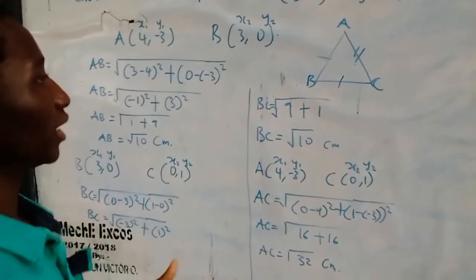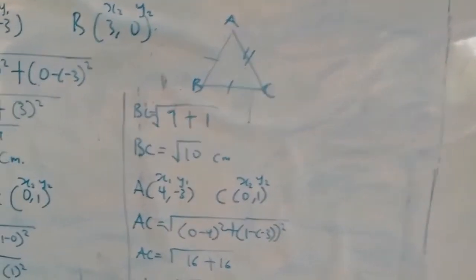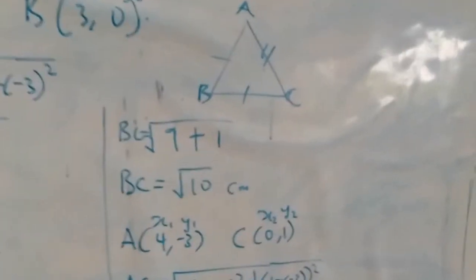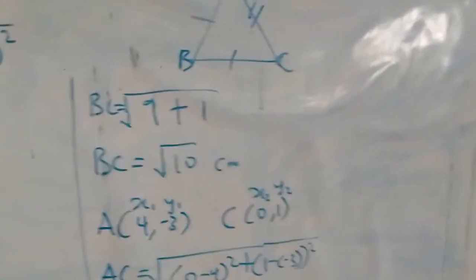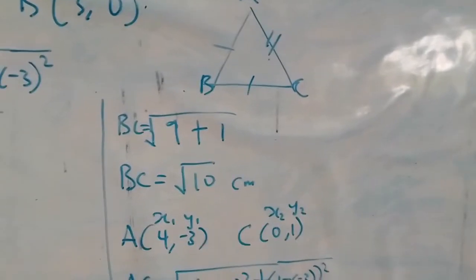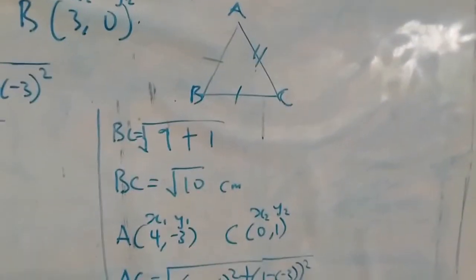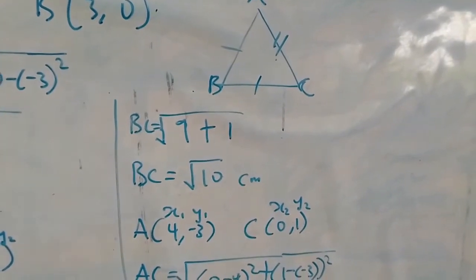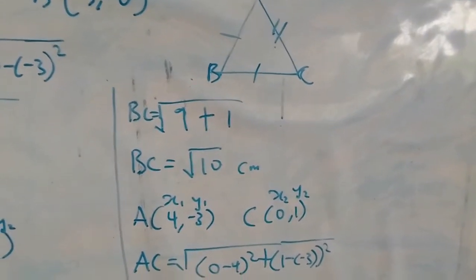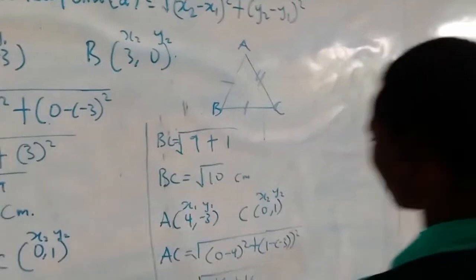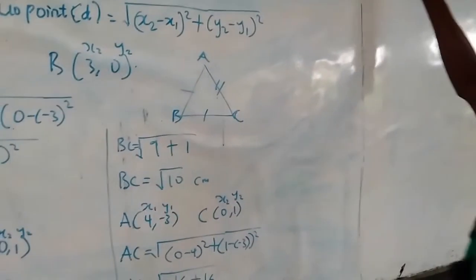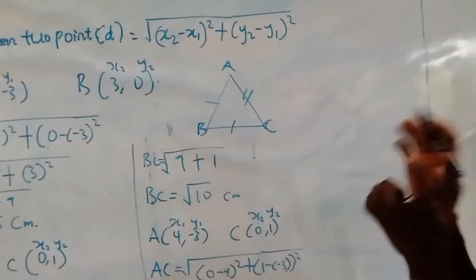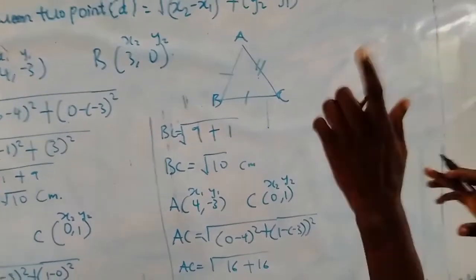So when two sides of a triangle are equal while the other side is not equal, the type of the triangle is isosceles triangle.